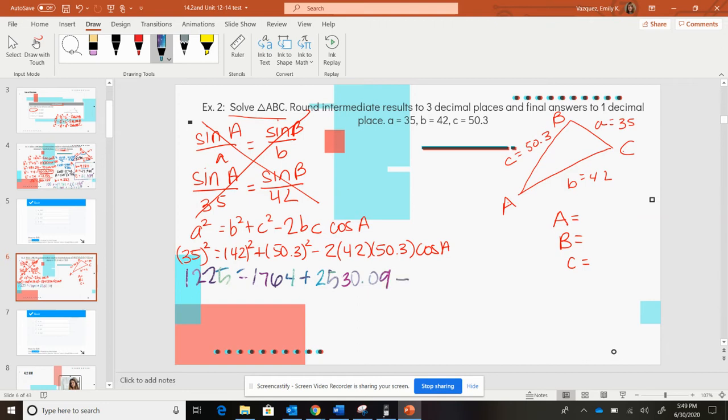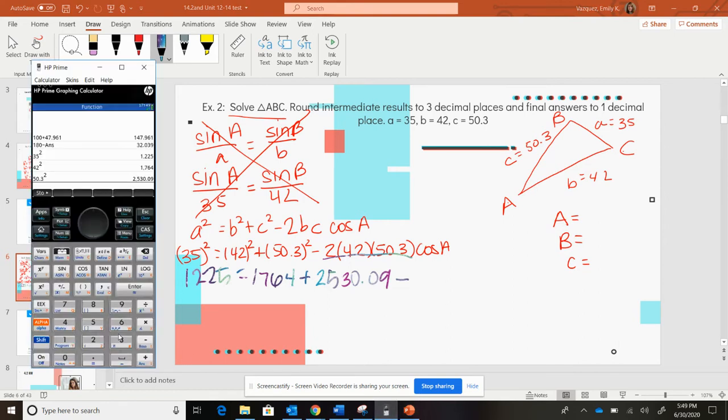Minus, okay, I'm going to go ahead and multiply this piece as well, okay? So 2 times 42 times 50.3. I'm going to go ahead and do that as well. I know it's going to be a negative, so that's why I already have my minus sign there. So I'm just going to forget about the negative on the 2 for right now, and I'm just going to multiply 2 times 42 times 50.3.